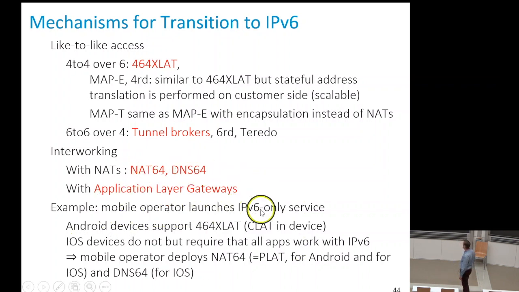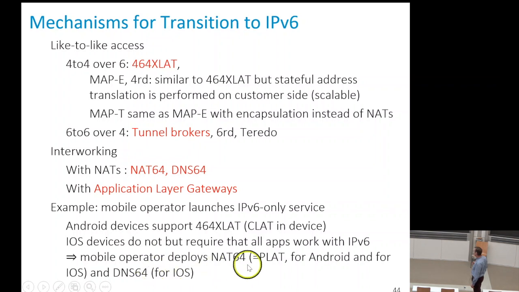A mobile operator launches IPv6 only service. Apple stuff, if you publish an Apple app, it must work with IPv6. So we don't need the 464 translation because an Apple system can run only Apple applications, so the problem will not exist.